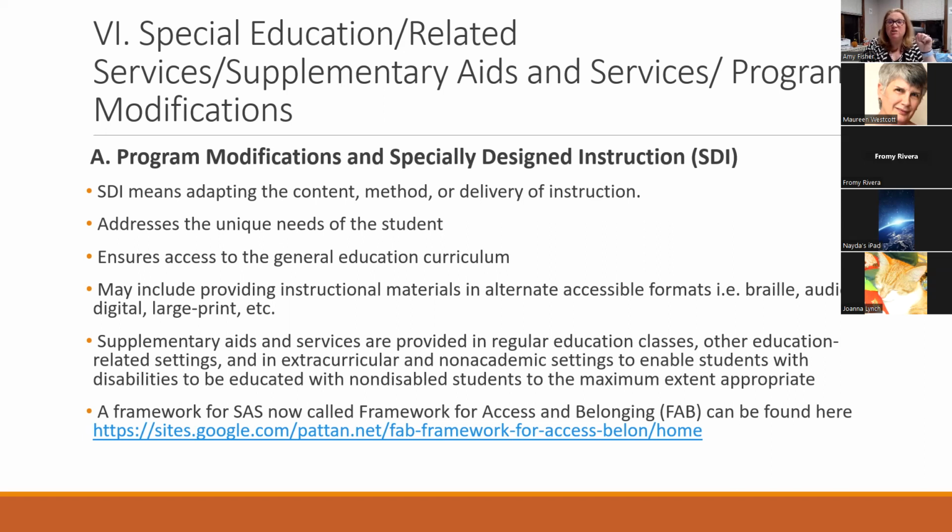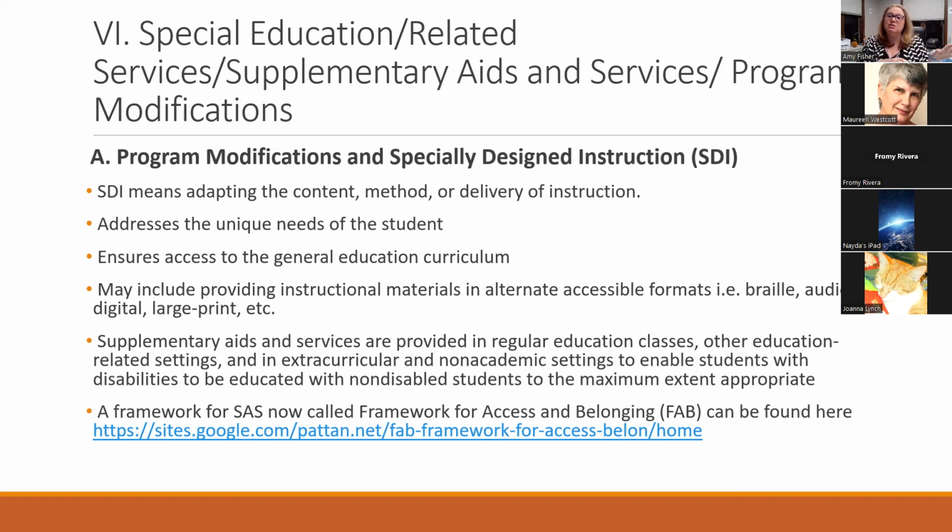But there is a lot of really great information. I linked here the FAB site, which talks all about the kinds of supplementary aids and services that students can be provided in order to spend more time with their general education peers in non-special ed settings. So it's all about supporting students in settings other than special education classrooms.